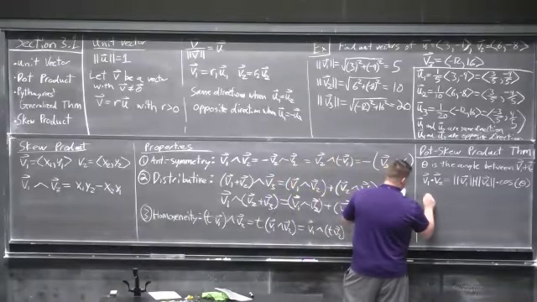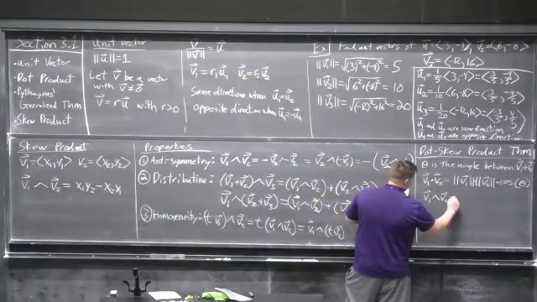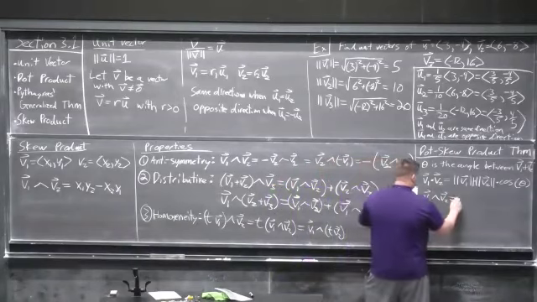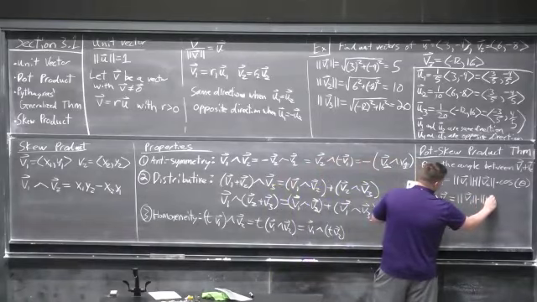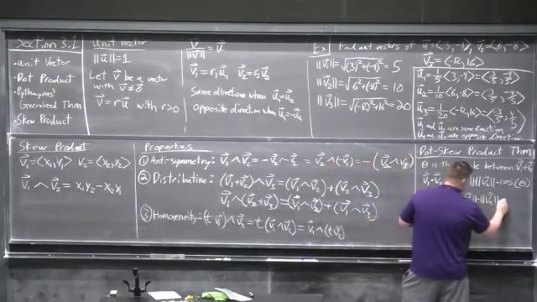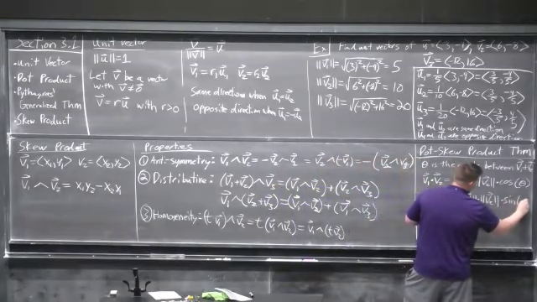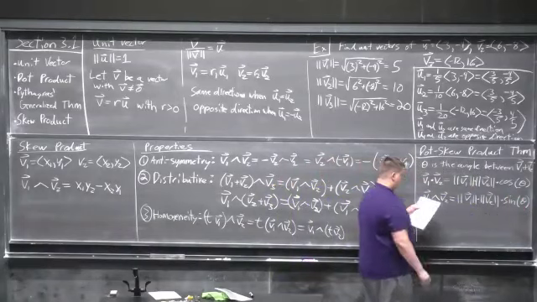For V1 skew V2, we get the magnitude of V1 times the magnitude of V2, and we're going to times this by the sine of theta.